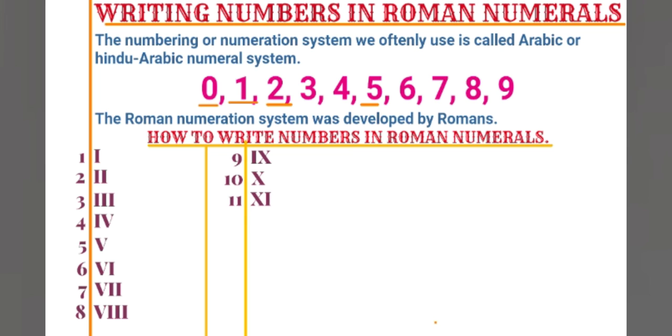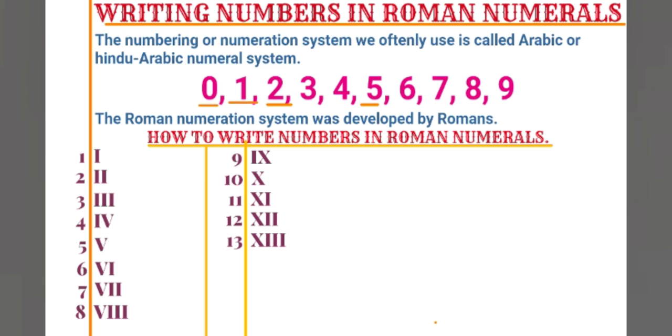11 has 1 capital X with 1 capital I. 12 has 1 capital X with 2 capital I's. 13 has 1 capital X with 3 capital I's. And they use the same pattern. 10 plus 1 is 11. So for 10 we write capital X, and for 1 there is 1 I, as you know that for 1 we write capital I in Roman numerals.